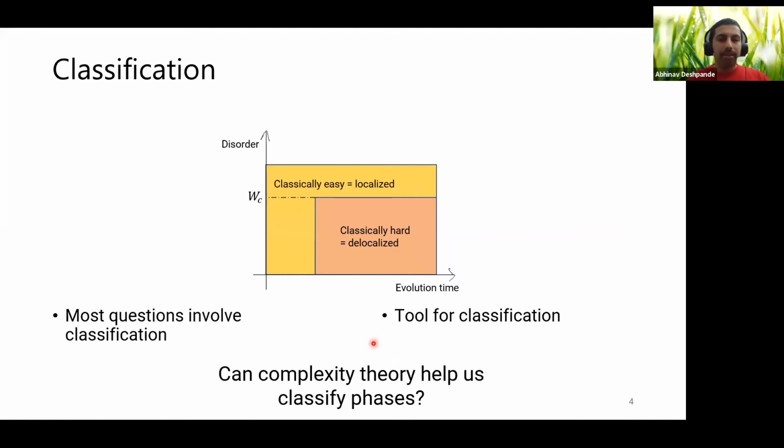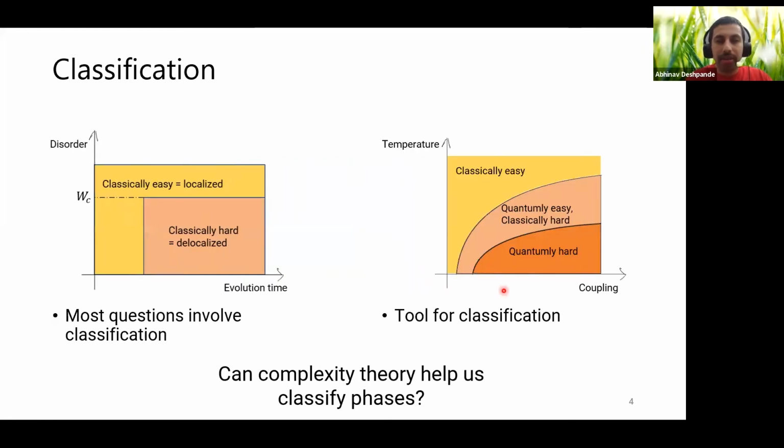This is just a cartoon for now, but imagine some disordered quantum system such that beyond a critical disorder, when the system is localized, time evolution is always easy to simulate, even for really long times. Below this critical disorder, the system might transition from being easy to simulate at short times to being hard to simulate at later times. That's one kind of phase diagram you can draw.